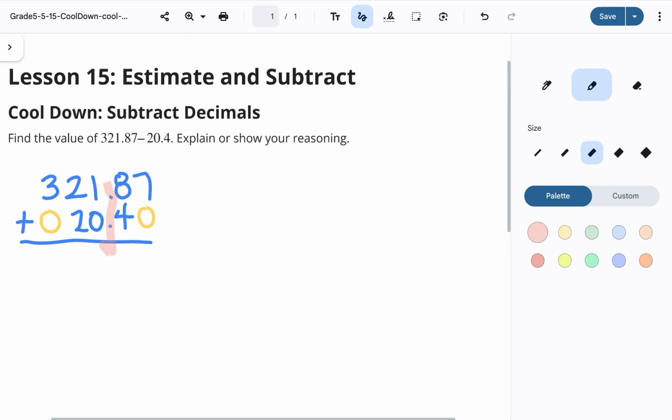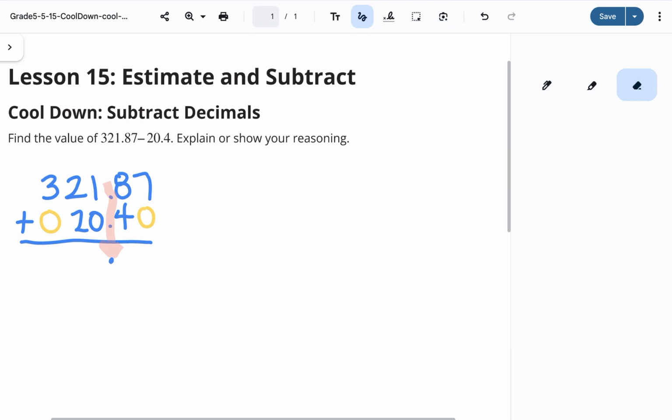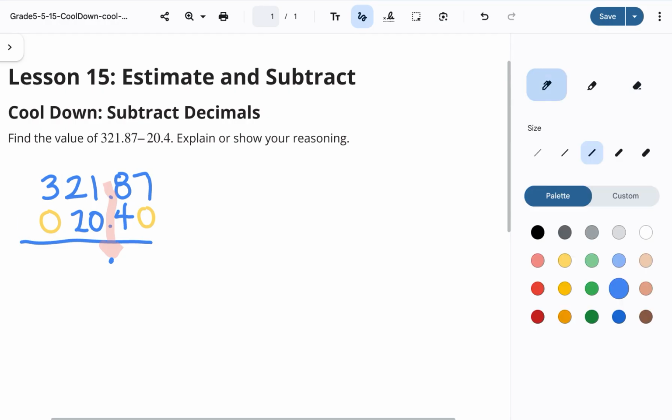If your decimal points line up straight like an arrow, then you know that you can simply bring down your decimal into your answer, and then you can go ahead and subtract your values, and you'll be thinking about similar values. So for example, we have 7 hundredths minus 0 hundredths, which is going to be obviously 7 hundredths. Now we have 8 minus 4 in the tenths place.